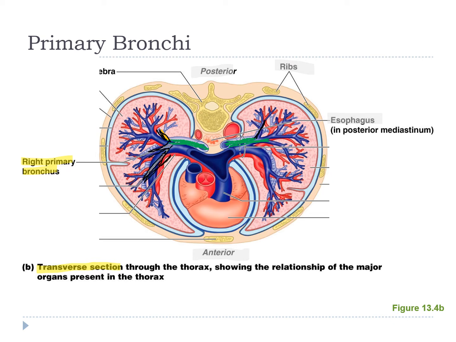The primary bronchus has branches off of it. Those branches are called secondary bronchi, because primary is 1, secondary is 2. So that's the primary bronchi, that's the secondary bronchi. What's a good color? Let's do purple.